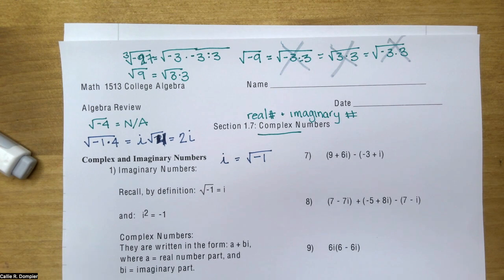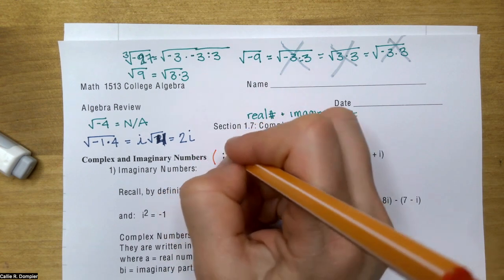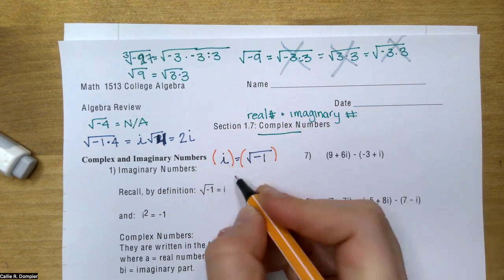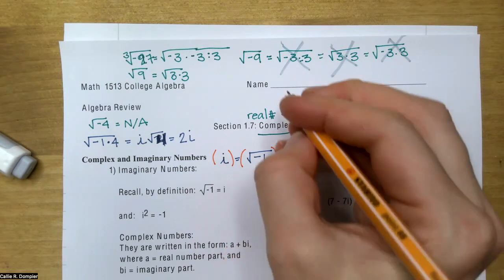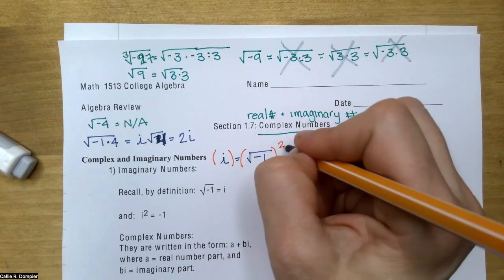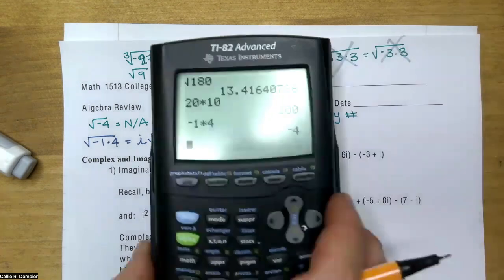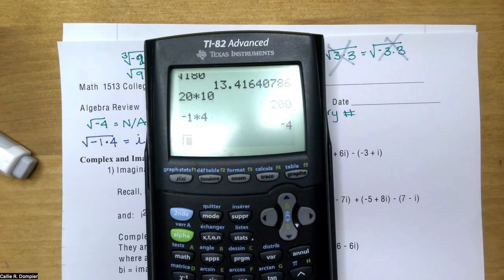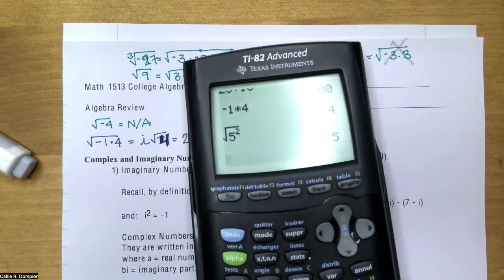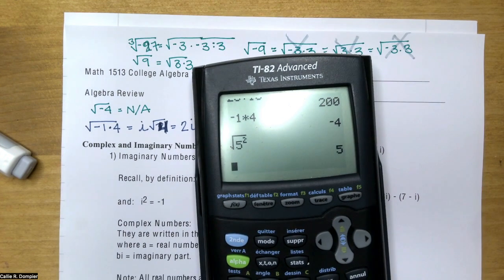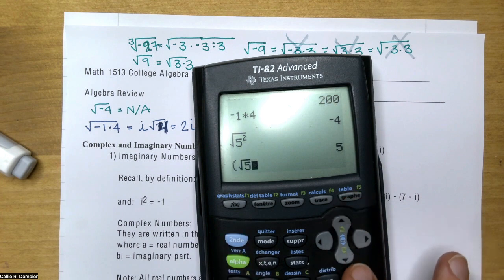The next part to remember is that this equal sign means these are equal, right? If I square the square root of -1, the square root of something squared is itself.